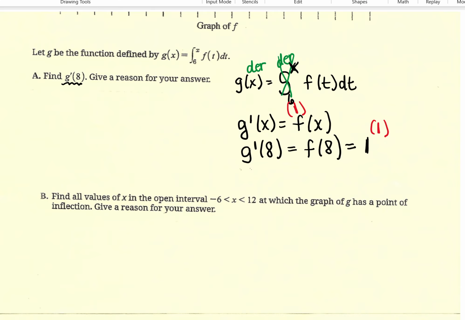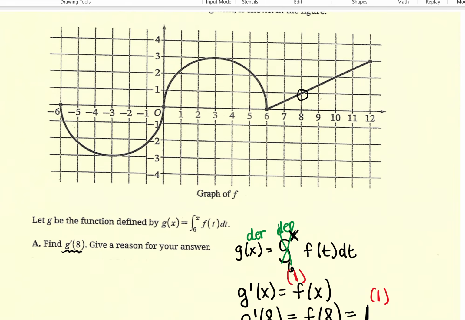Well, this graph up here, which is the graph of f, is already g prime of x. So we're already looking at the first slope. So if inflection point is the second slope, then we need to look at the slope of this slope right here, where it changes signs.